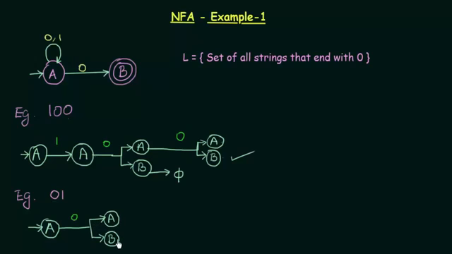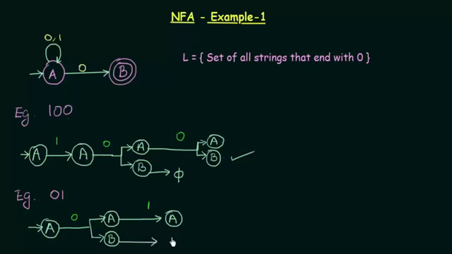Now I am in two states, and I get my next input. My next input is 1. On getting input 1, what happens to these two states? A, where does it go? On getting input 1, A stays in itself. And what about B? On getting input 1, it goes nowhere.